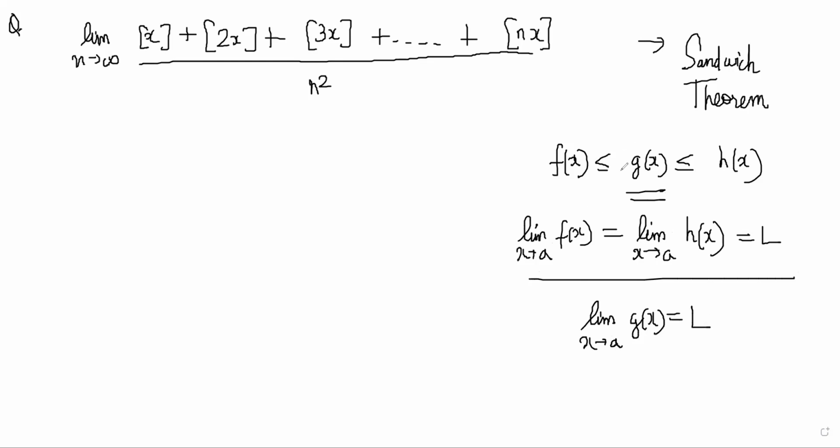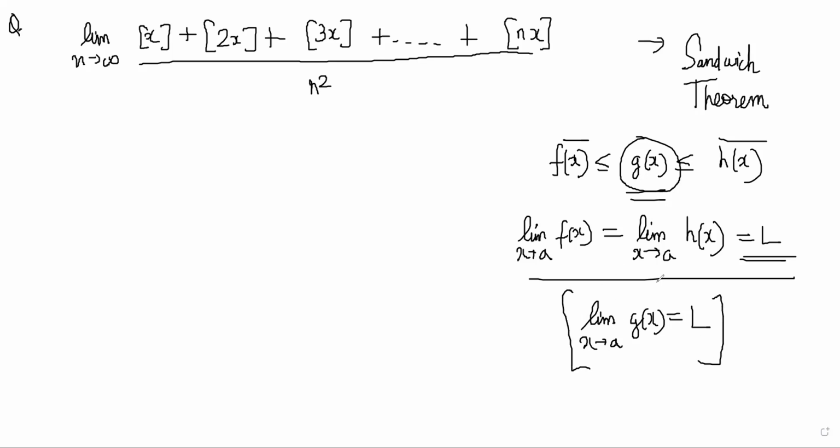Because the function is always sandwiched between these two functions. If the top function and the bottom function are tending to the same limit, then that means the function g(x) is squeezed between them, no?